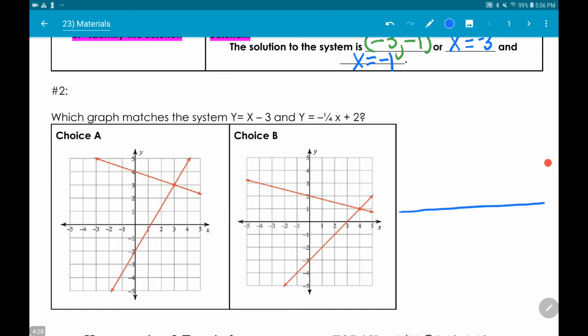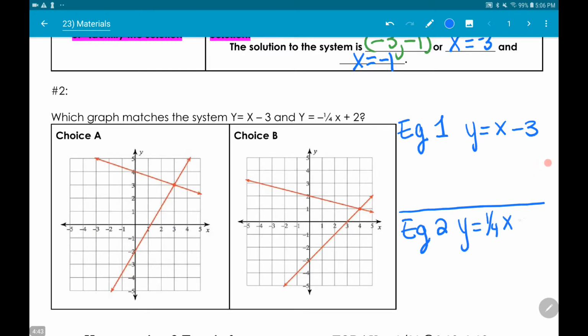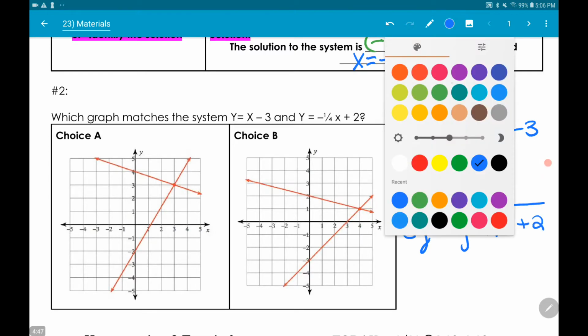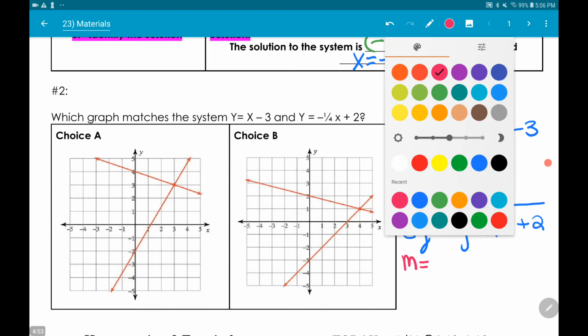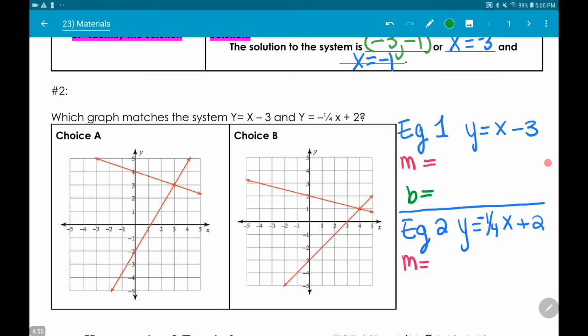All right, so let's say equation 1 is y equals x minus 3, and equation 2 is... All right, so just like we did above, I want us to identify our slopes, and then we're going to identify our y-intercepts.